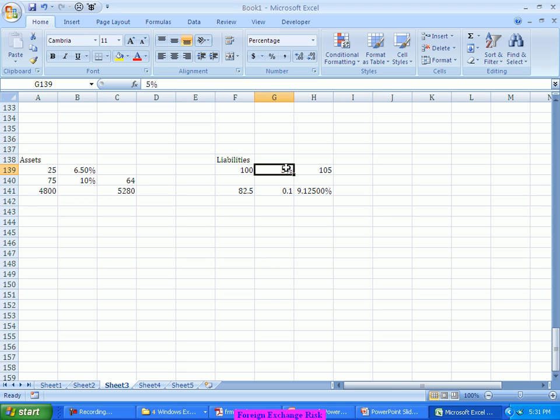My overall benefit is 9.125%, but out of that, 5% I have to pay to my bank. So the remaining 4.125% is my net benefit altogether.